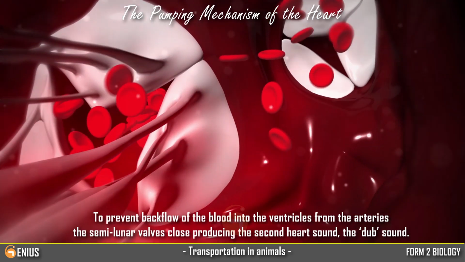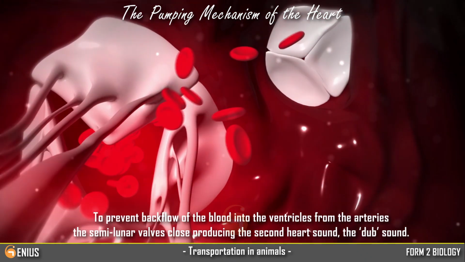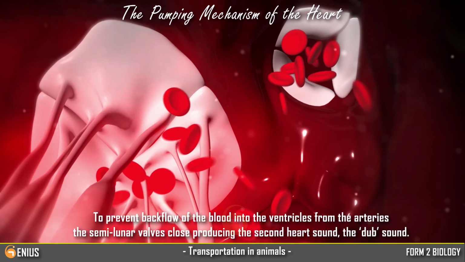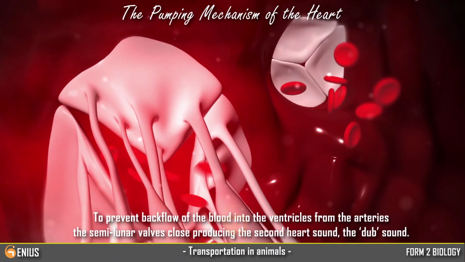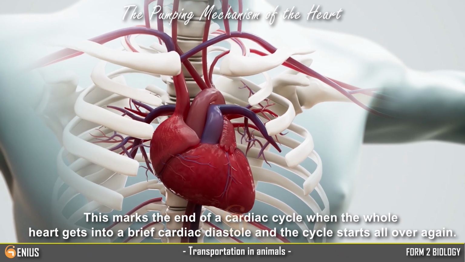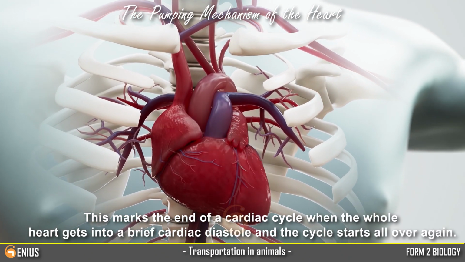To prevent backflow of the blood into the ventricles from the arteries, the semilunar valves close, producing the second heart sound, the dub sound. This marks the end of a cardiac cycle, when the whole heart gets into a brief cardiac diastole and the cycle starts all over again.